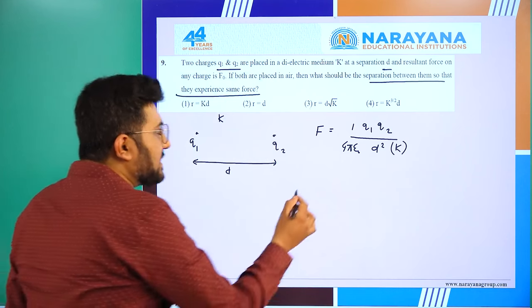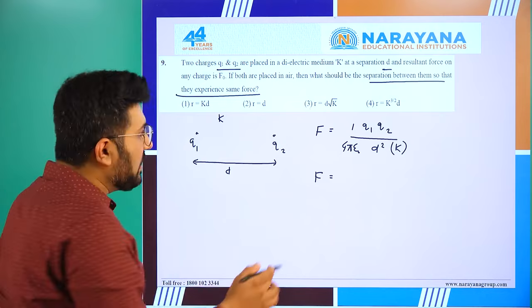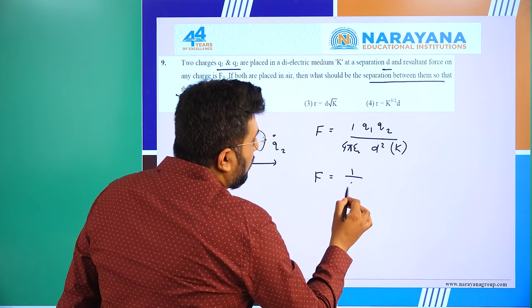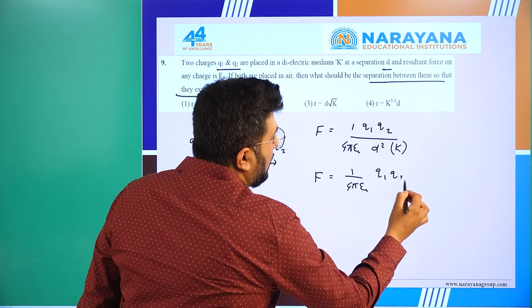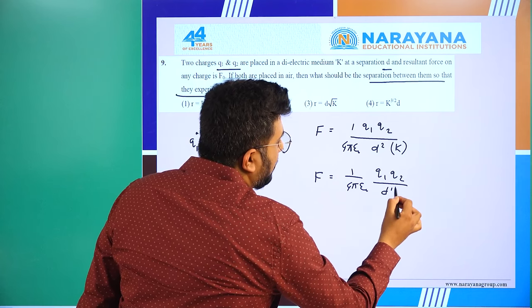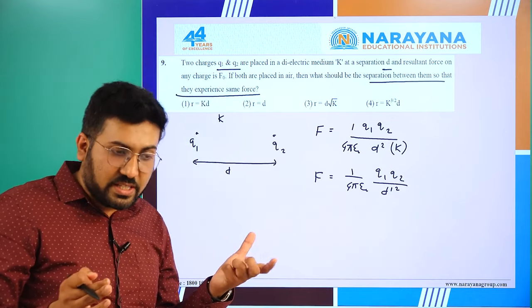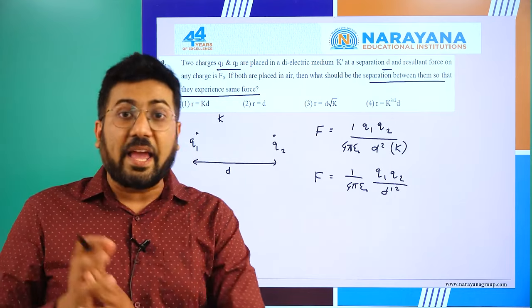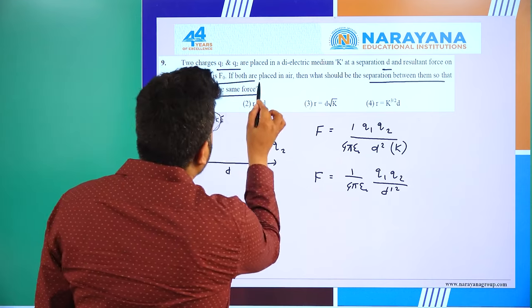Now if they are placed in air, then the same force between two charges will be 1 by 4 pi epsilon naught Q1 Q2 by d dash square, where d dash is the distance between the two charges if they are placed in air. Okay, now according to the question, they experience the same force.